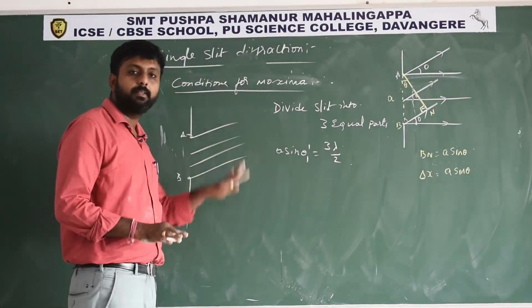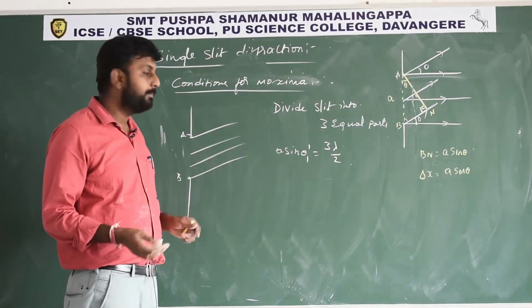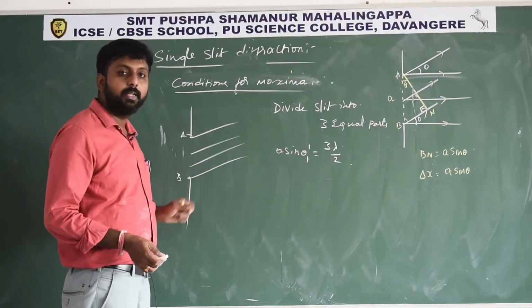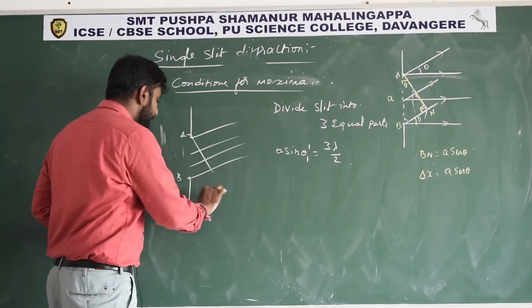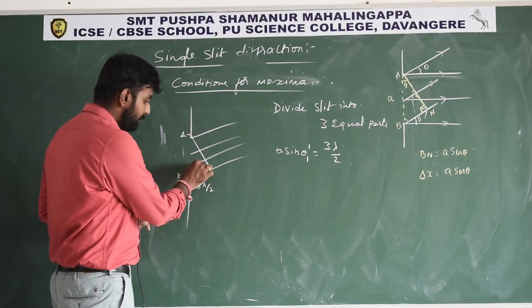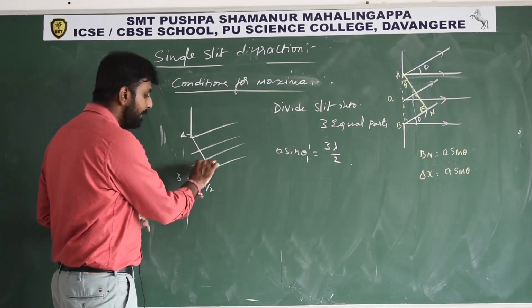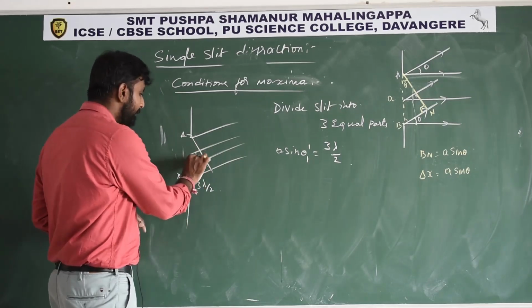This is the logic, and we have to understand the conditions for maxima, dividing the slit into 3 equal parts and considering path difference as 3 lambda by 2. Then between this line and this line, what is the path difference? That will become lambda. So here lambda by 2.